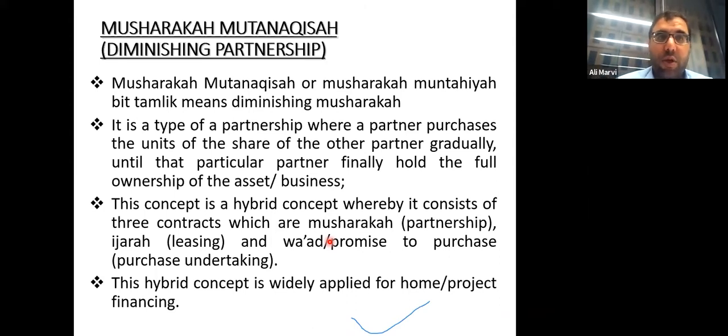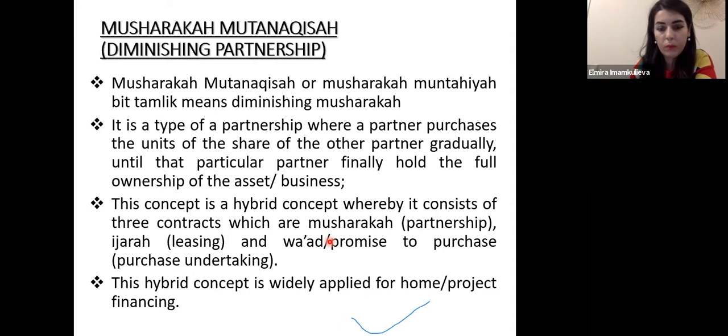And this guarantees that the Islamic bank will not be the owner of many firms in the economy.